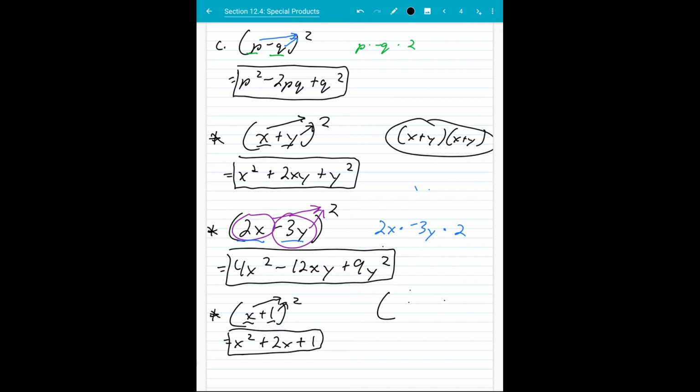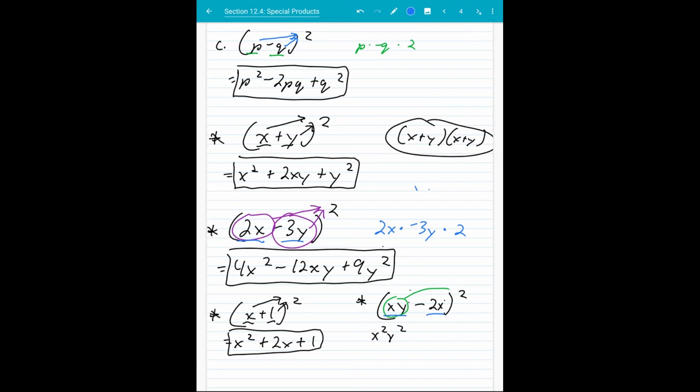I'll do one last one. Let's say xy minus 2xy. Actually, no, I'll remove one of the y's. I'll just say 2x squared. So we have to say this entire thing squared. This makes x squared y squared. Then this times 2.